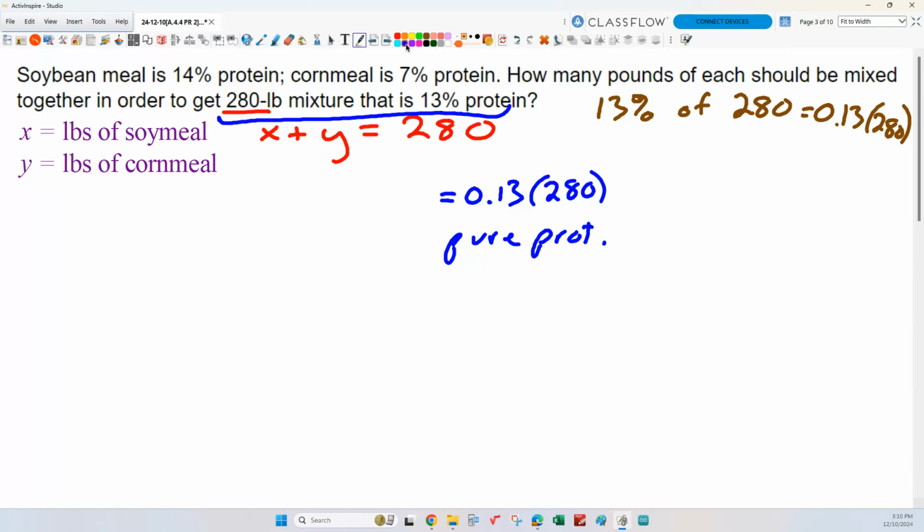Okay, well, what's that going to be? What's the pure protein that's being contributed by the soy meal? Soy meal is 14% protein, and we're mixing up X pounds of soy meal. So what's that going to be? I need to figure out how much protein is being contributed by the soy meal.